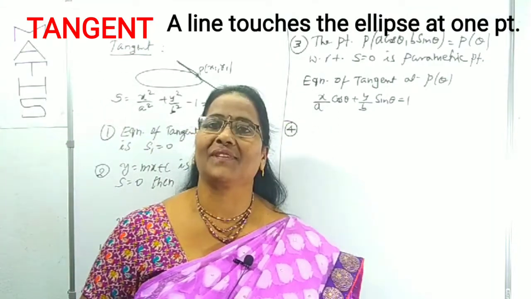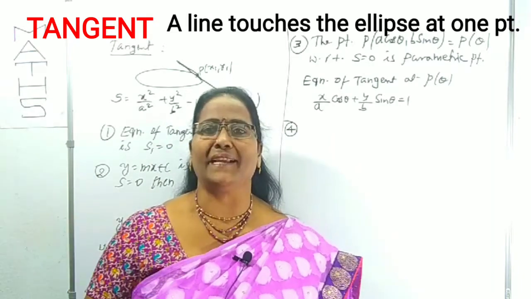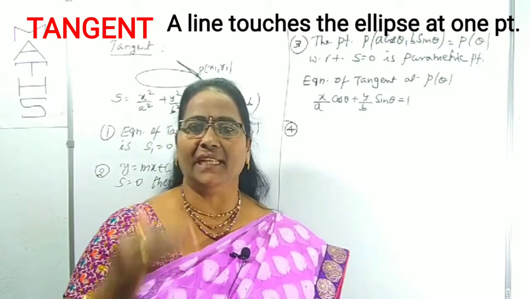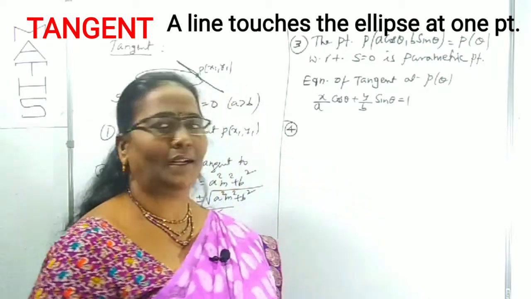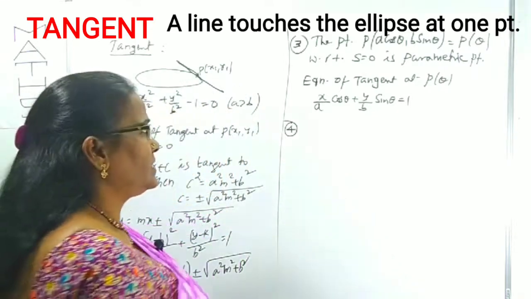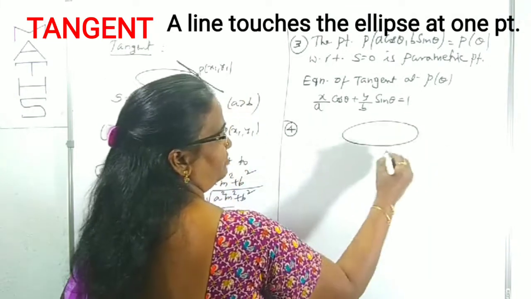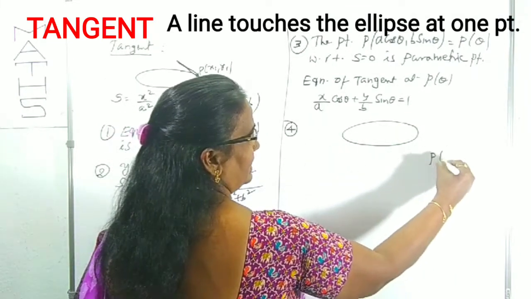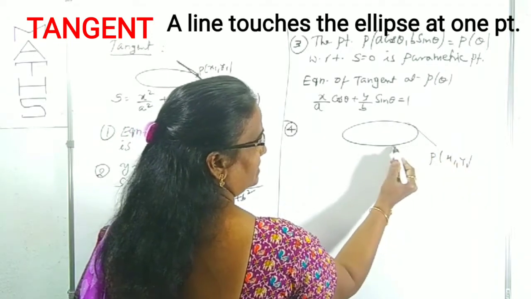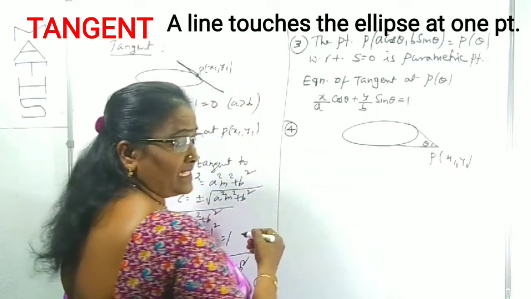If you draw two tangents from a point, what is the angle between them? If theta is given, then you have to know the tan theta result. And there are various applications. What are those? We'll see now. Suppose this is an ellipse, and from the point P (x1, y1) we can draw two tangents like this, whose angle between them is theta.